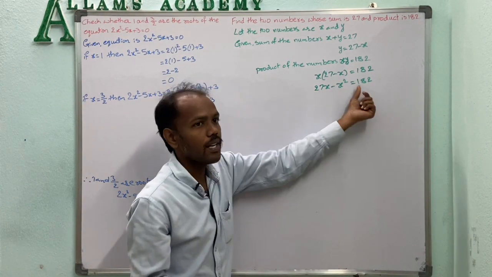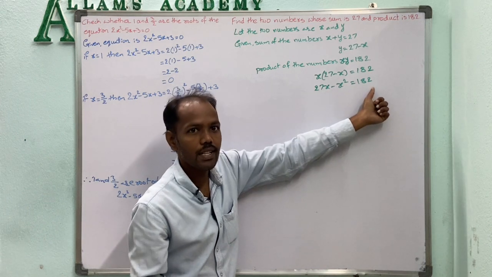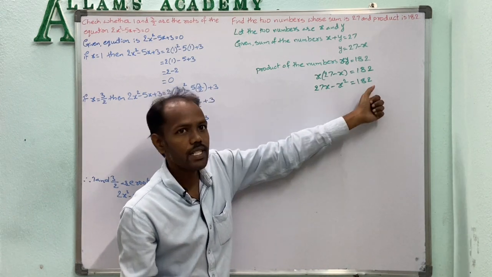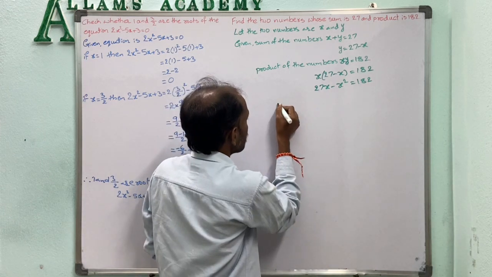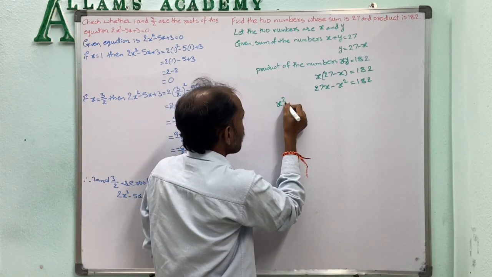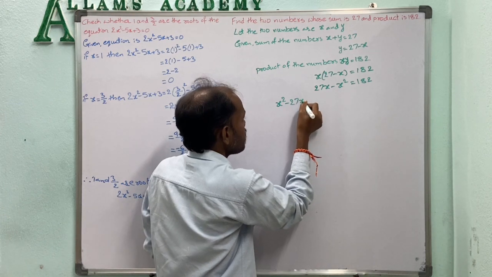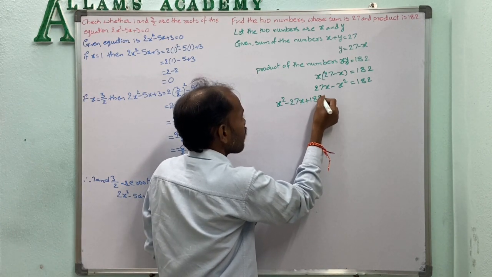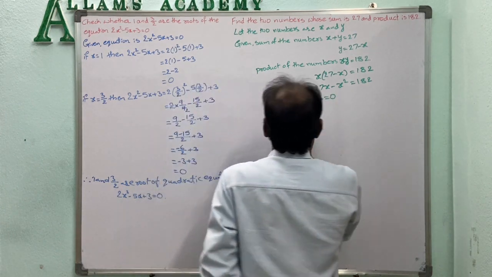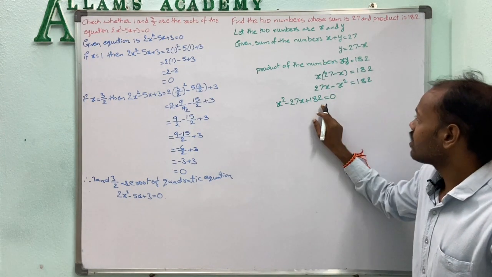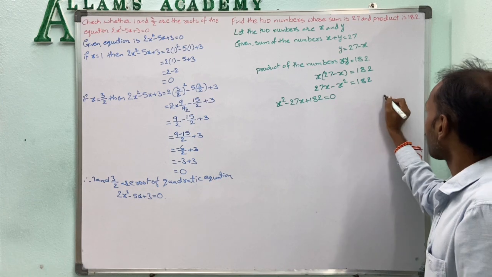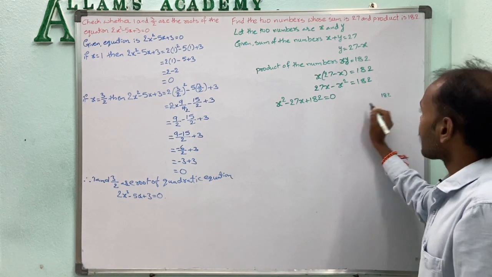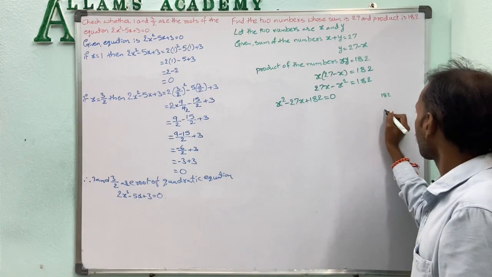Now transferring x square to that side and 27x to that side, minus 27x plus 182 only. So x square minus 27x plus 182 equal to 0. That means the x square coefficient is 1 and the constant term is 182. So 1 into 182 is 182 and the x coefficient is minus 27.